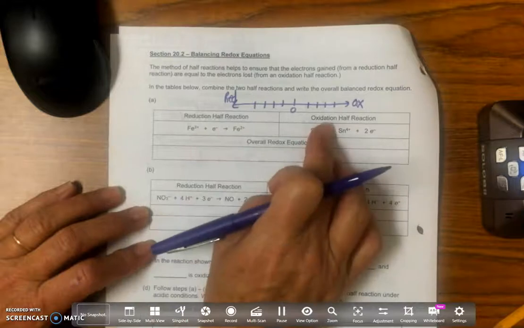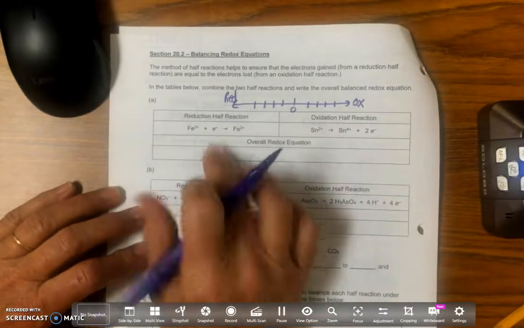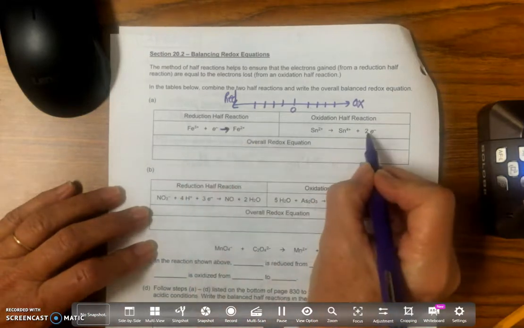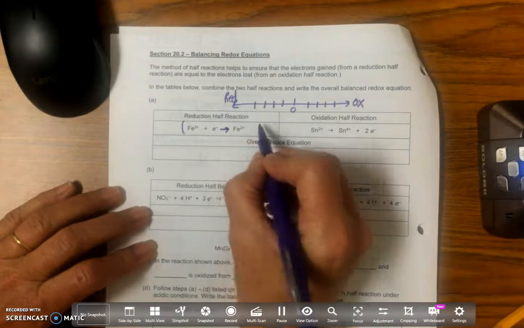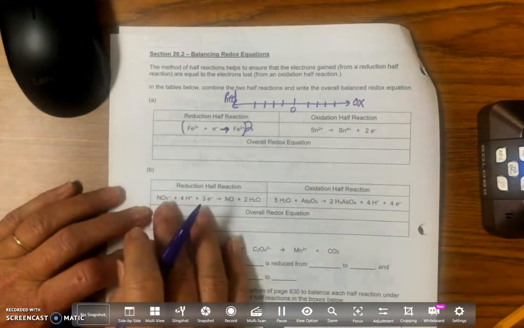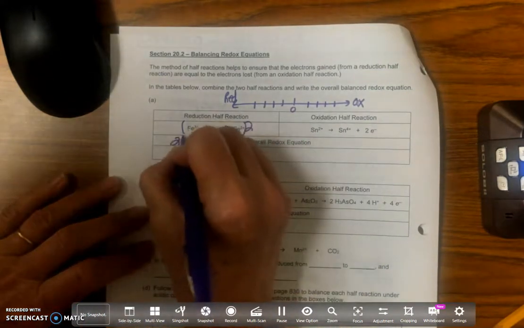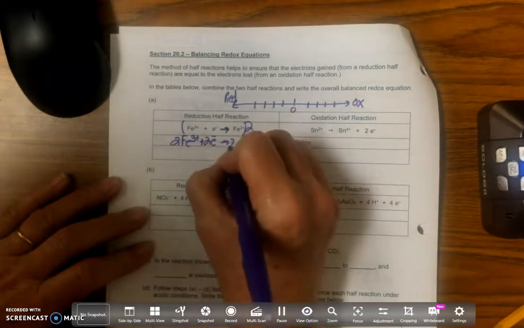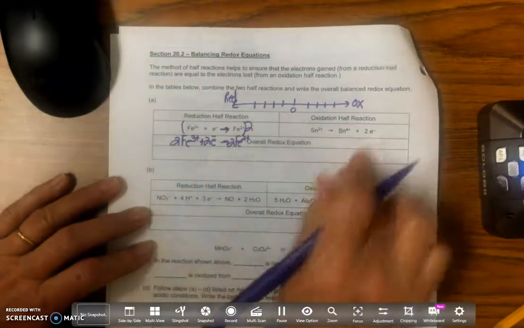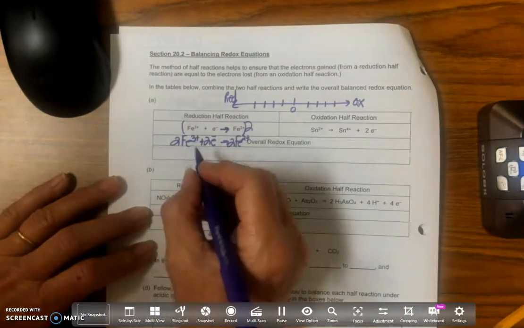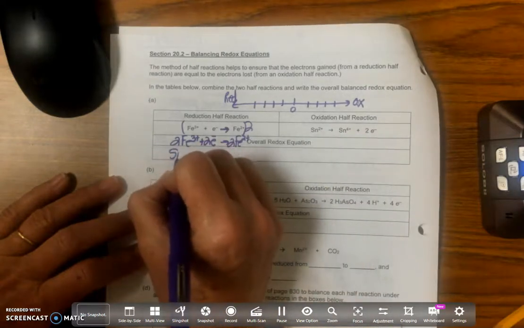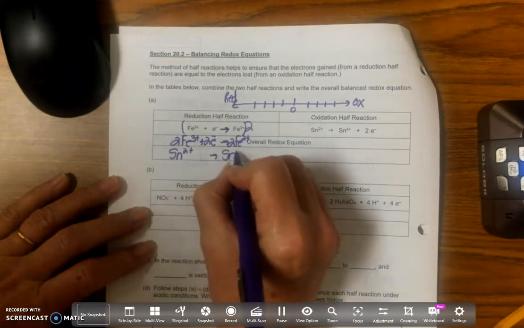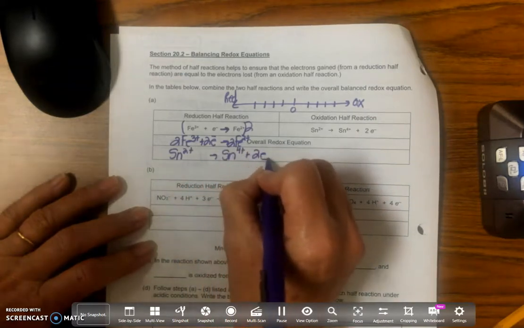Okay, so this is my reduction, this is my oxidation. Now we're going to balance electrons. I've got 2 electrons here, if you notice, so I've got electrons on this side and electrons on this side, only I'm going to need to multiply this by 2. When I do that, I get 2Fe3+ plus 2e- gives 2Fe2+. I'm going to pull this over here so that we can add them together. So I'm going to take this one, Sn2+ goes to Sn4+ plus 2 electrons.